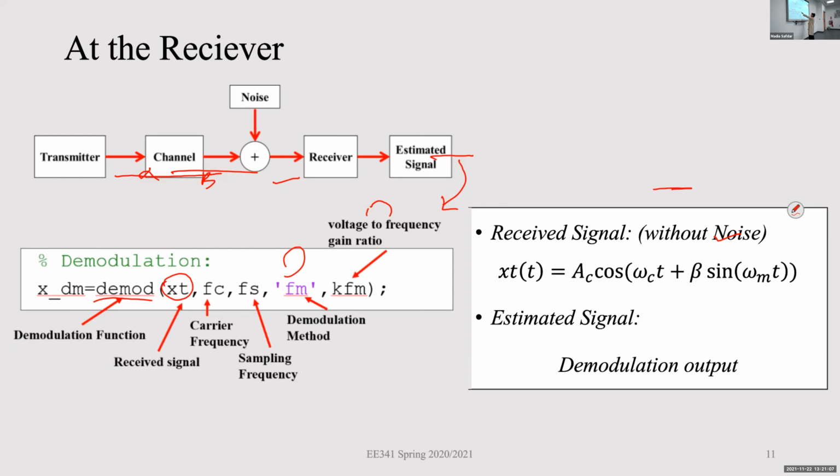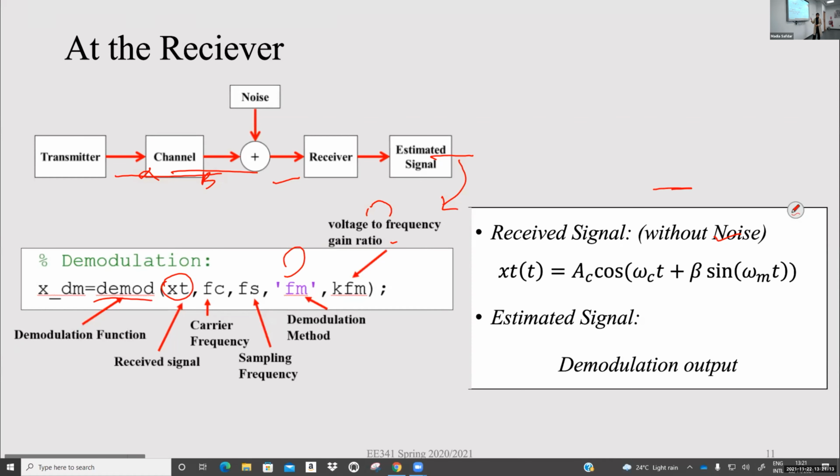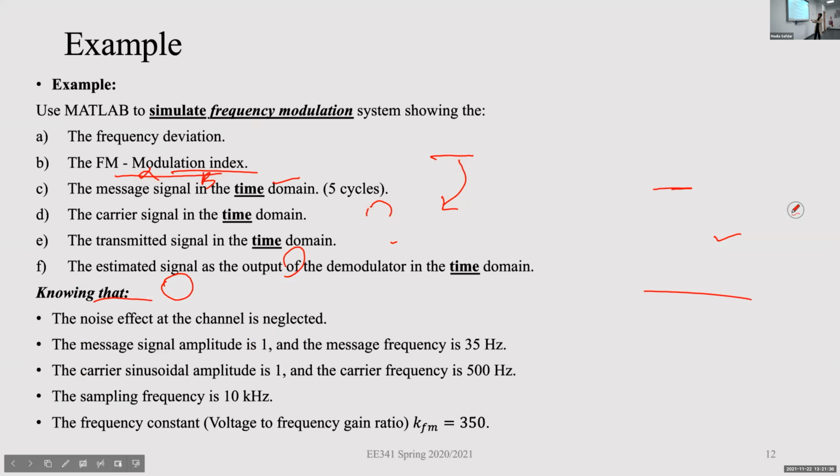KFM is my frequency sensitivity or voltage to frequency gain ratio. So this is only one command for the demodulation. Here is my received signal, which I showed you previously. We will put it here as x of t, and my estimated signal will come out after this demodulation command.